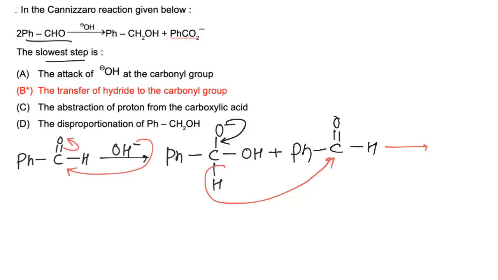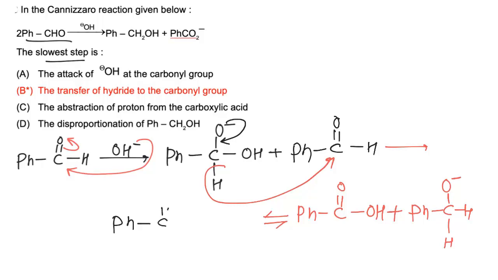During this shifting, it will be converted to PhC double bond O, OH, and the other molecule will be converted to PhCH2O negative. Now benzoic acid is a strong acid and PhCH2O negative is a very strong base, so an acid-base reaction takes place and it is converted to the benzoate ion plus PhCH2OH, benzyl alcohol.